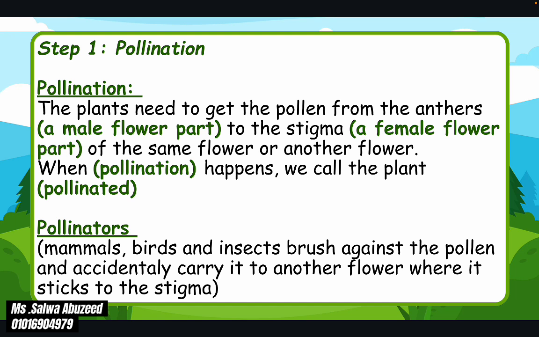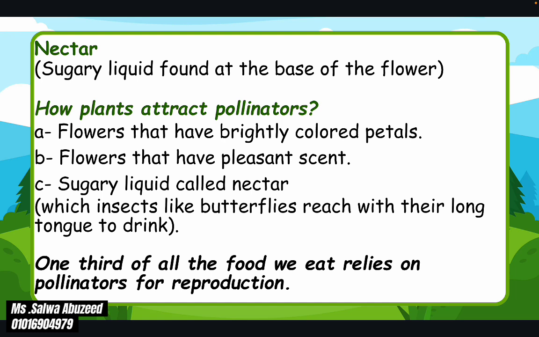Okay, after finishing pollination, but before we go to the next step, what makes the pollinators go to the flower in the first place? Why don't they go to the trees or anything else? Why flowers? Because when you look at the flowers, they're brightly colored, they have a pleasant scent, a nice smell, and they have a sugary liquid, which we call nectar.